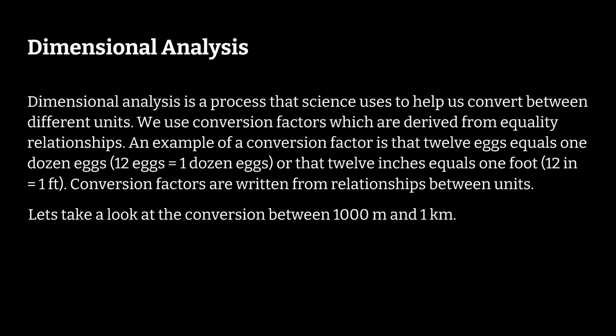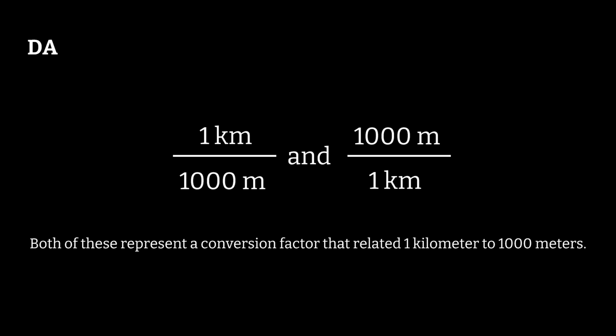Now, dimensional analysis is also known as the diagonal rule, because we're going to be looking at different conversions in order to cancel out the units. So we're first going to take a look at the conversion between 1,000 meters and 1 kilometer. Our conversion can be looked at two different ways.